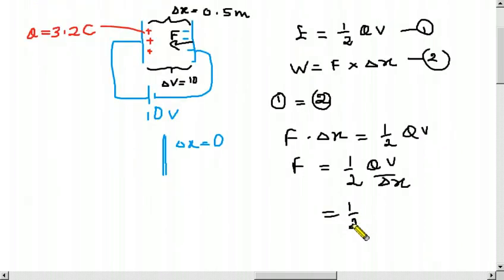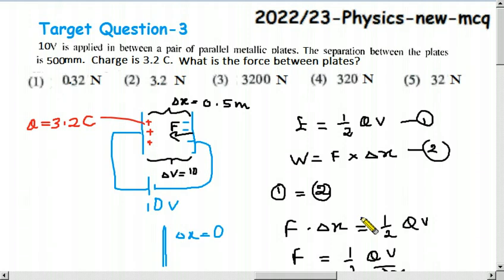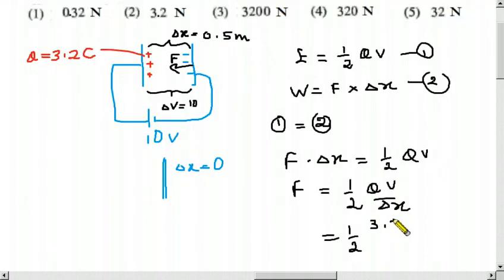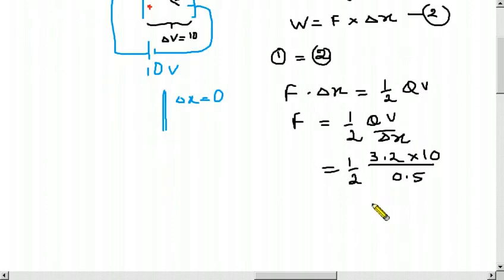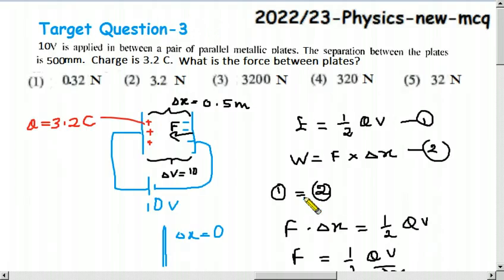Q is given as 3.2 coulomb, voltage is 10, delta x is 0.5. Half times 0.5 cancels to 1, so we don't have to write it. 3.2 times 10 is 32. So the average force is 32 Newton, and the fifth option is the answer.